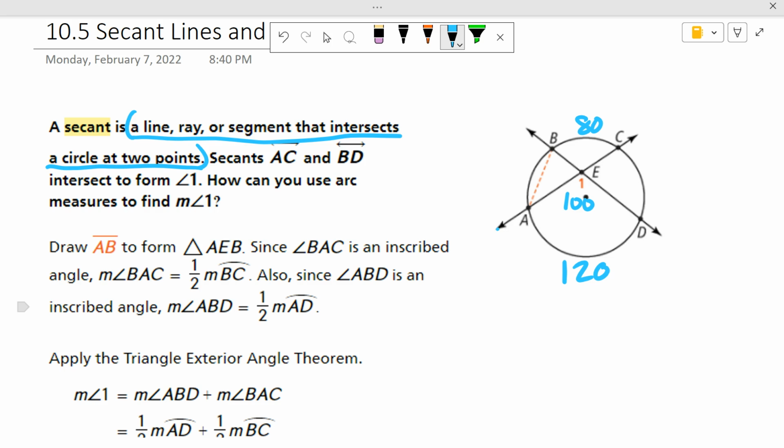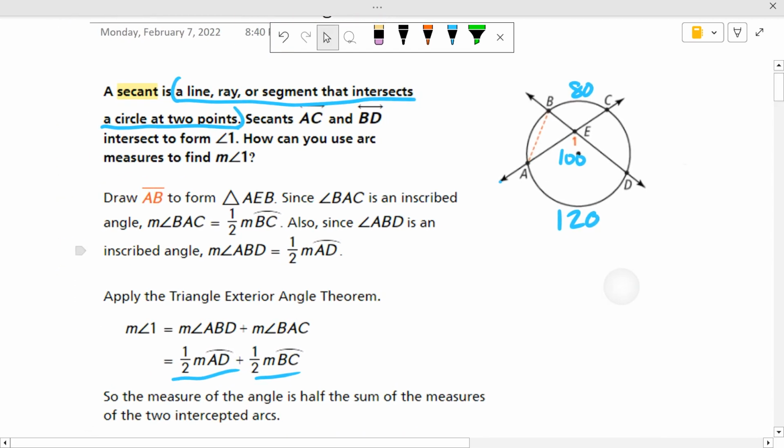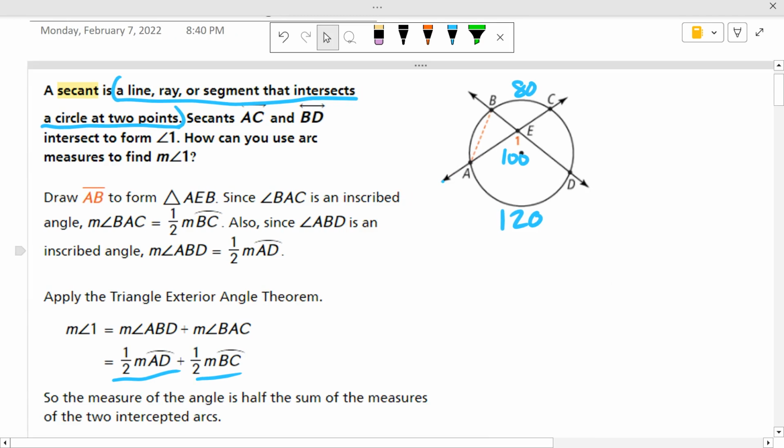You take this plus this and take a half of it, and that's what the angle is. That part's easy. We'll get harder, but this part is easy.